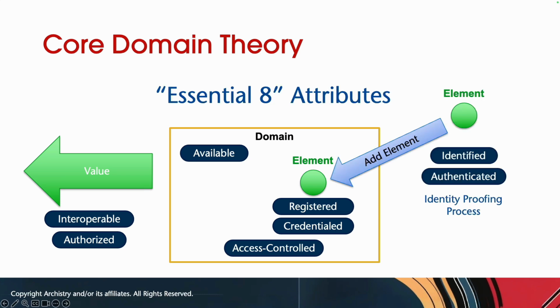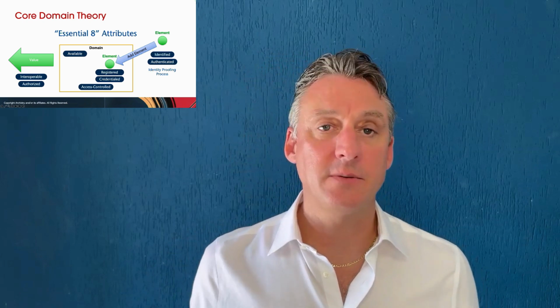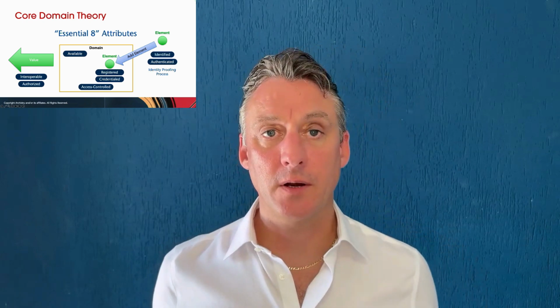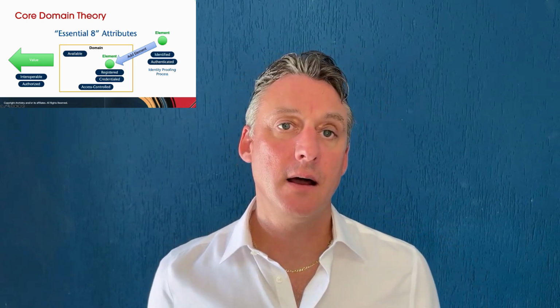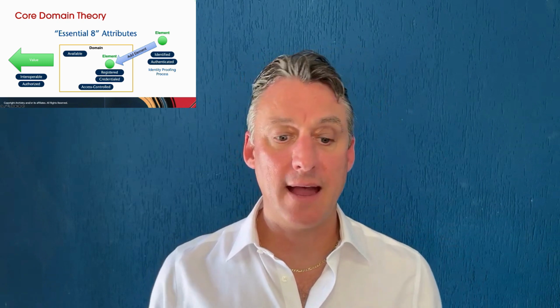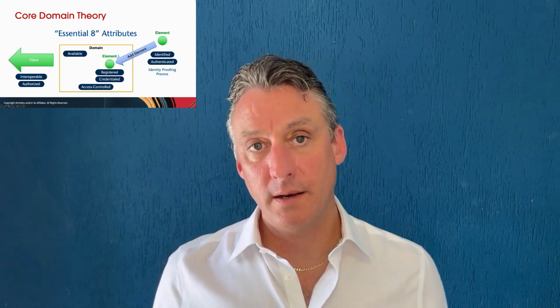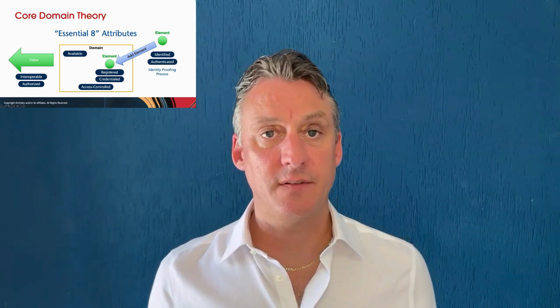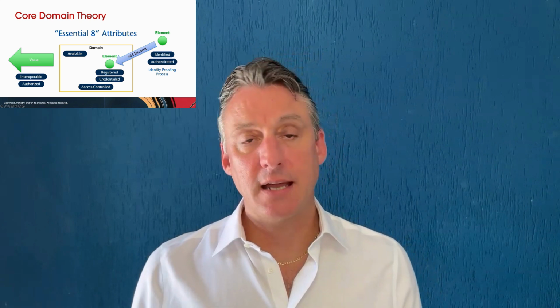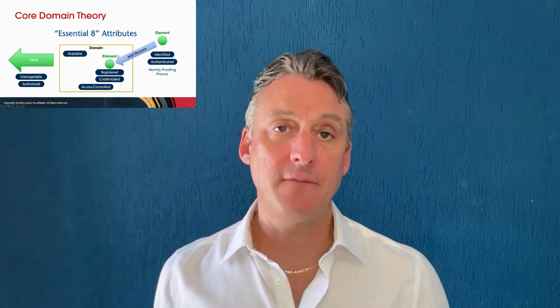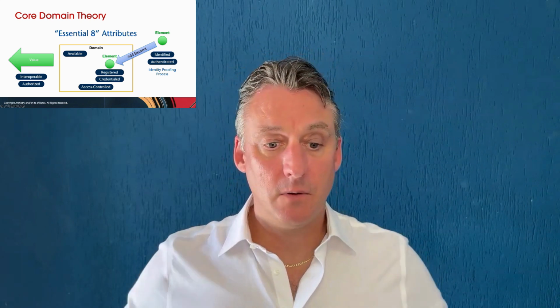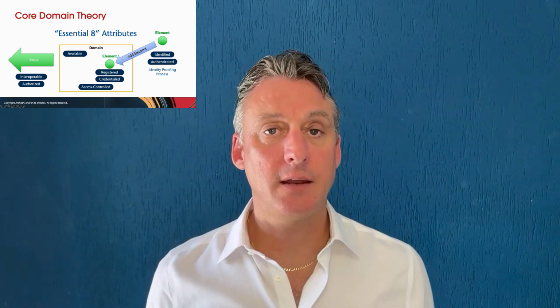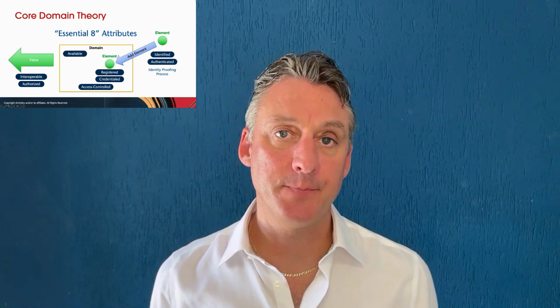So this is the core domain theory, how the events and the attributes work, because all of those attributes are involved at some point or another in the handling or initiating of those events. We have to understand what it means in terms of any domain for those attributes and those events. And if we've got that figured out, then we understand what our security requirements need to be.